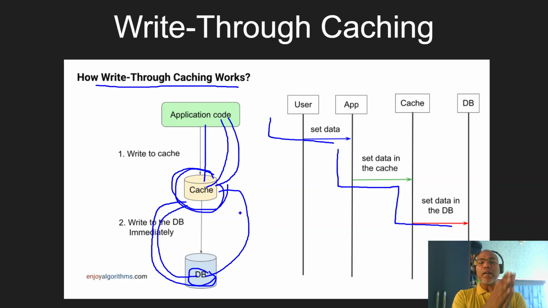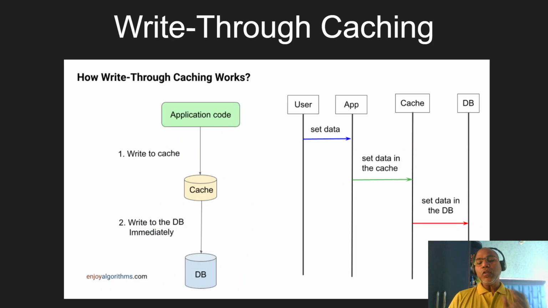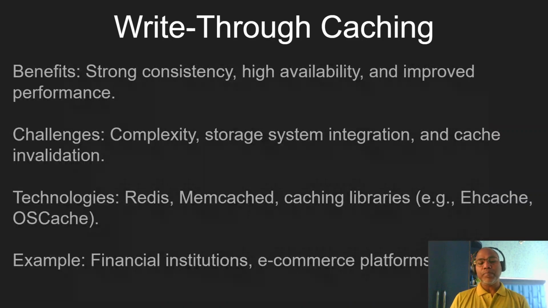So write-through cache means any data that comes into the system is first written in the cache and then goes to the database. When the application wants to read, it gets it from the cache. This ensures that our data is always consistent in the cache, because the data is written directly into the cache. There are lots of techniques and benefits available.